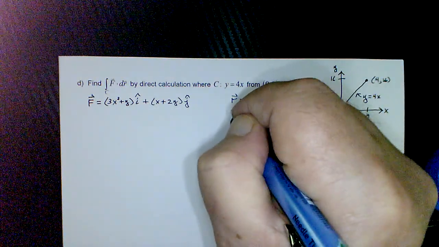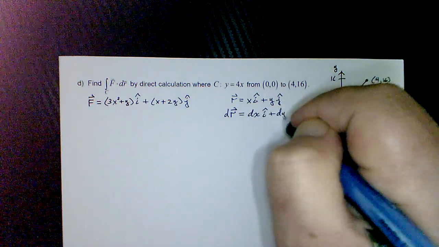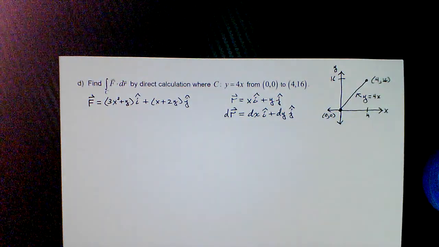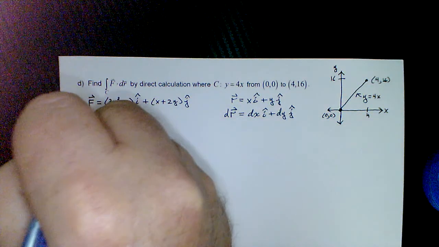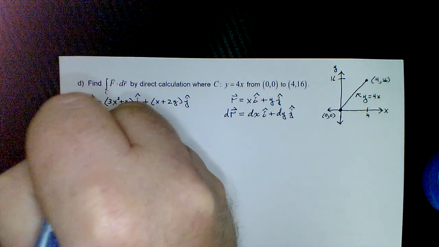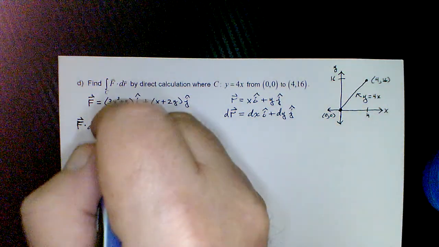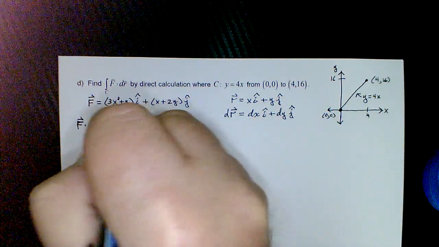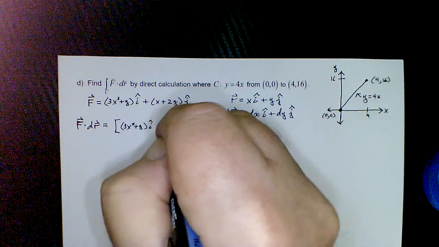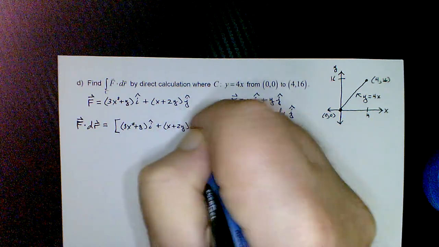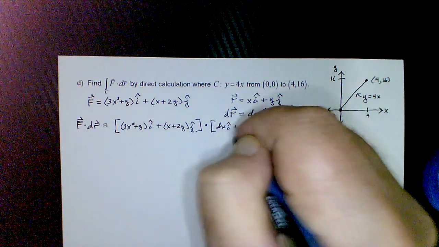But we could say that dr then is dx i plus dy j, and then we can calculate f dot dr. So this would just be, if you want to show it real formally, 3x squared plus y i plus x plus 2y j dotted with dr, which was dx i plus dy j.